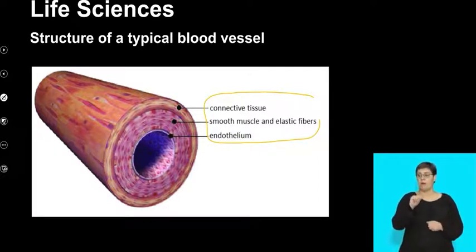So when we look at a blood vessel, we've got on the outside this really nice connective tissue. A blood vessel must keep its shape. But what does a blood vessel have to do? What's behind it? A pump. A blood vessel has to pump as well. So that means blood vessels should also have a muscle.